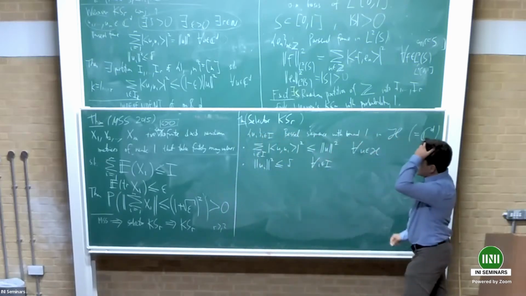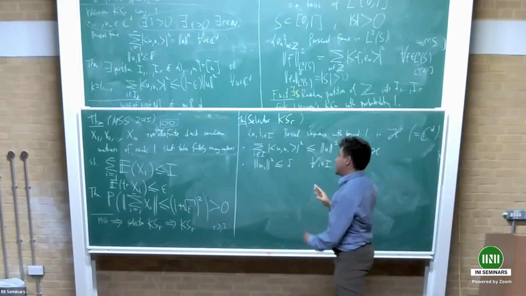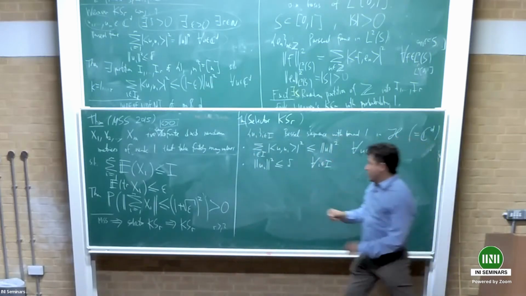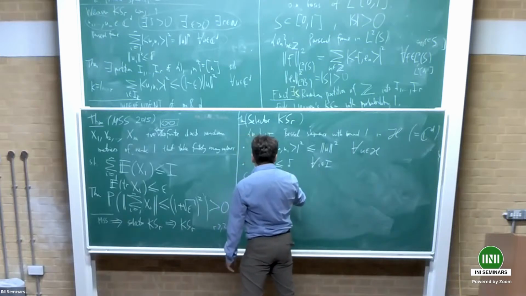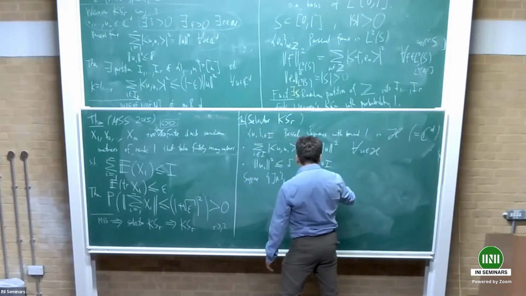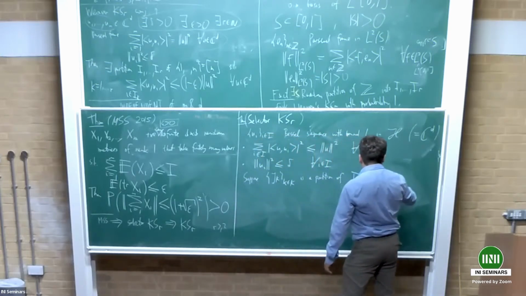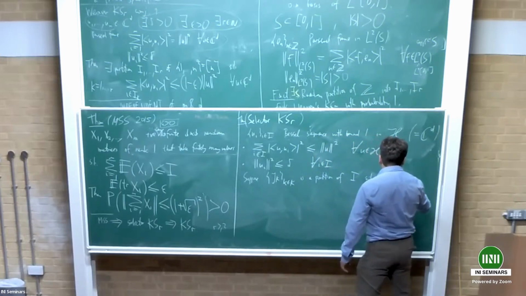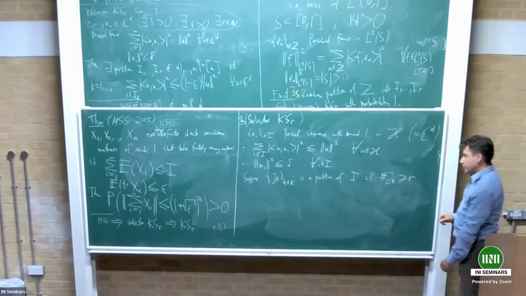So it's essentially the same assumptions as in the usual Weaver KSR, but then I have one extra assumption. Suppose also that J_k is a partition of the index set I, such that each set J_k has at least R elements.